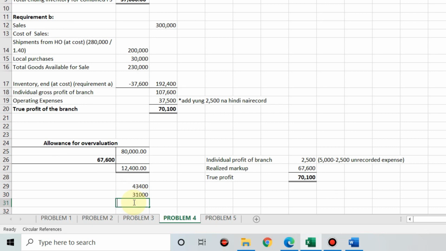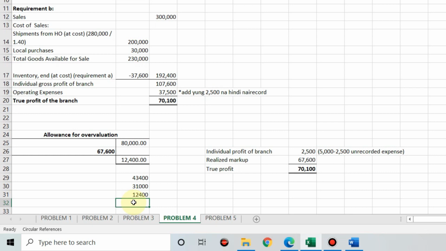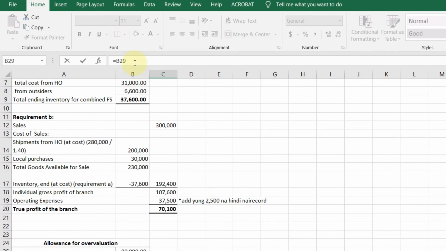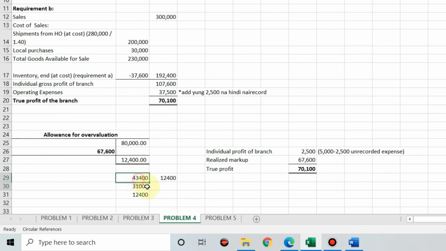You deduct the 2, lalabas yung markup niya is 12,400. Pwedeng ganon. Okay? Pwede naman na 43,400 times, I'm just doing this with one hand kasi hawak ko yung mic ko, times 0.4 divided by 1.4, ang lalabas is 12,400. So, ang daming ways para gawin siya. So, you'll get an ending balance of overvaluation na 12,400.